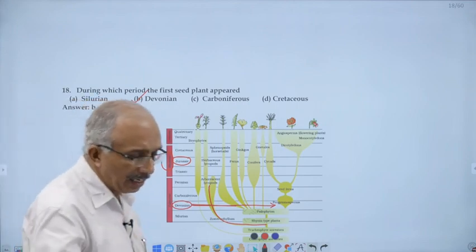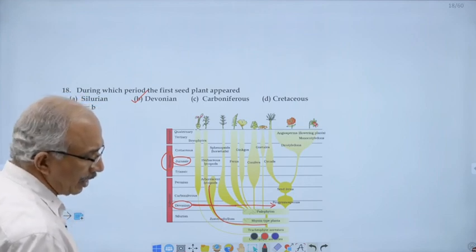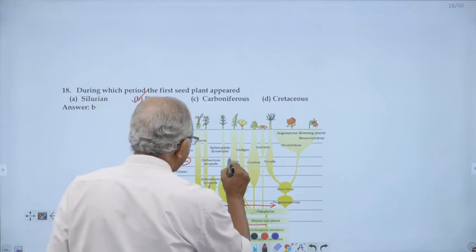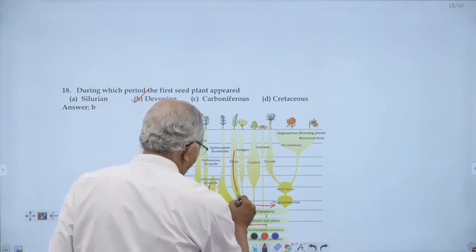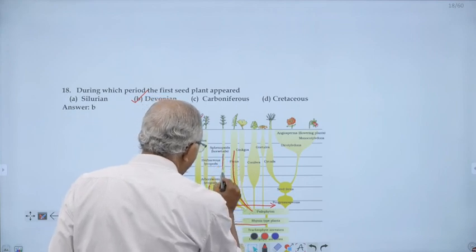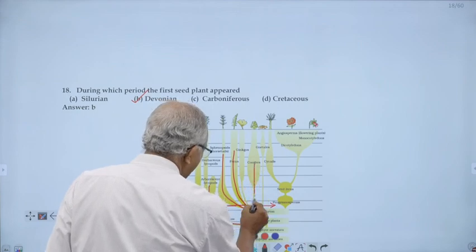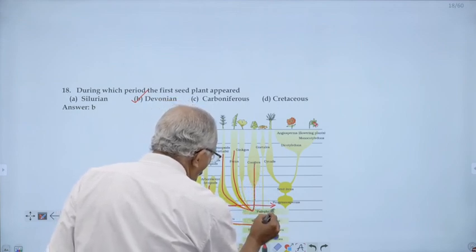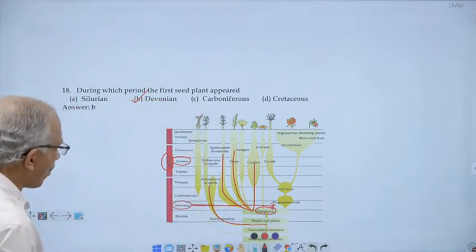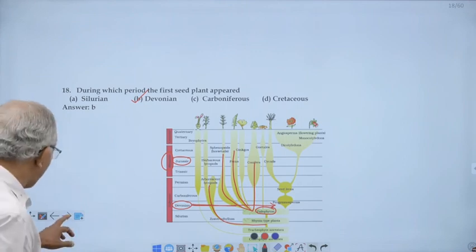But the others in the question, ferns, Sphenopsida, and conifers, have a common origin from Xylophyton. The question I am referring to.